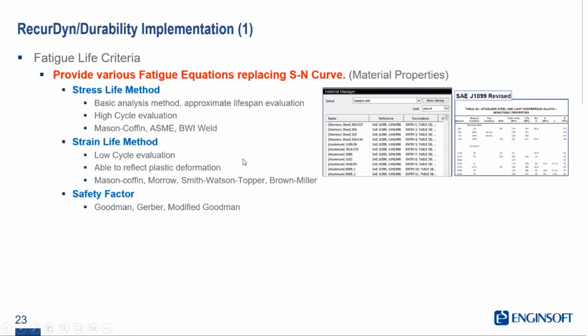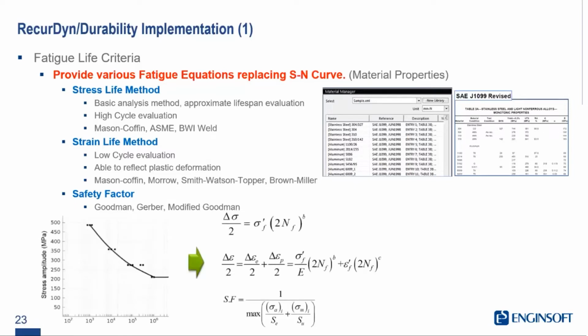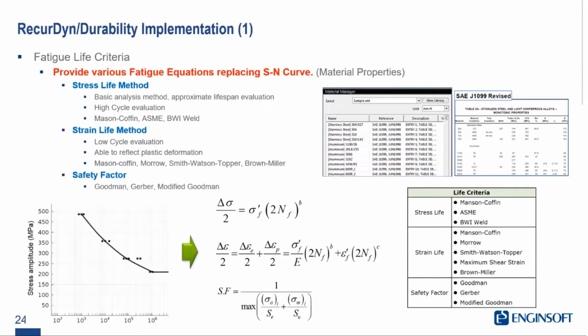And there's different correlations as well for doing safety factor. We'll see some of this again when we jump into the software. The different life criteria are basically using different coefficients and exponents, solving all of these backend equations.